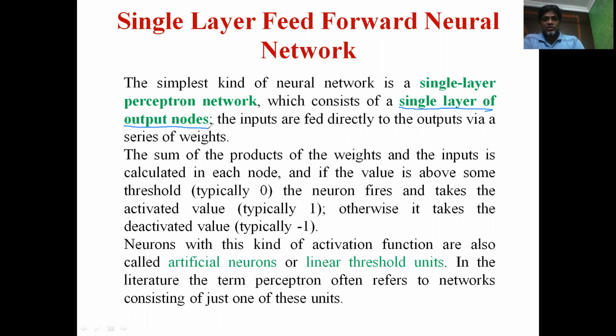A single layer of output nodes, and it will not have any hidden nodes. Hidden layers are not there. So what is the key point you need to remember here? There are no hidden layers.